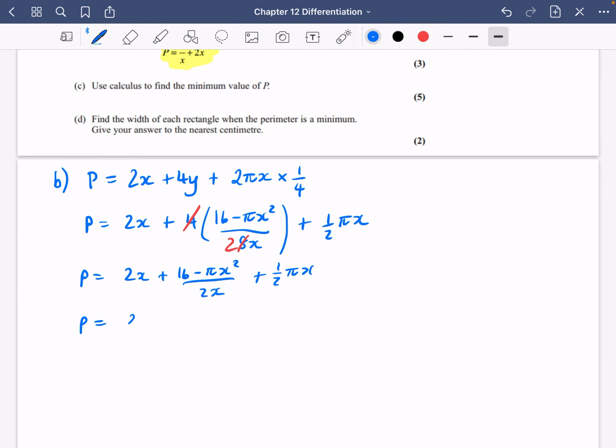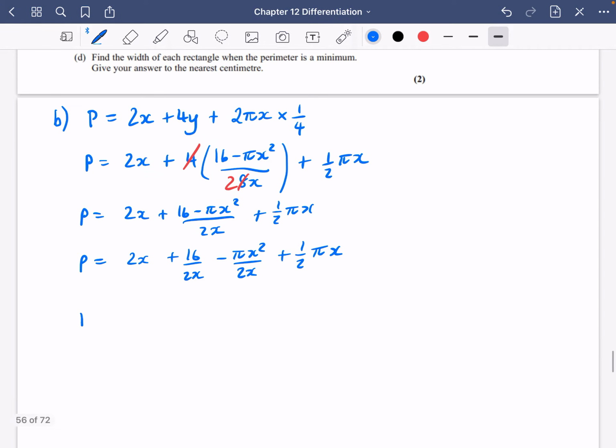I'm going to split that second fraction into 2 pieces. So I have 16 over 2x minus pi x squared over 2x plus a half pi x. I'm going to simplify some of these terms. 16 divided by 2x: keep the x on the bottom. It's not going to suddenly magically move to the top, but 16 divided by 2 is 8.